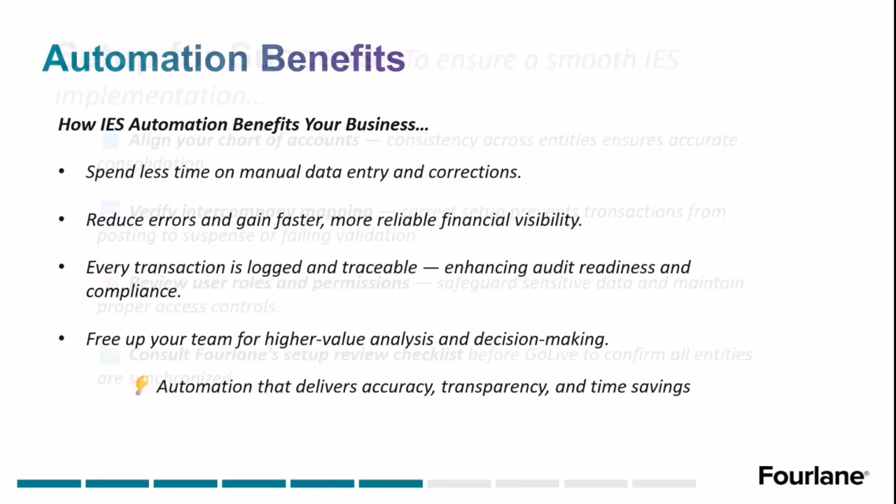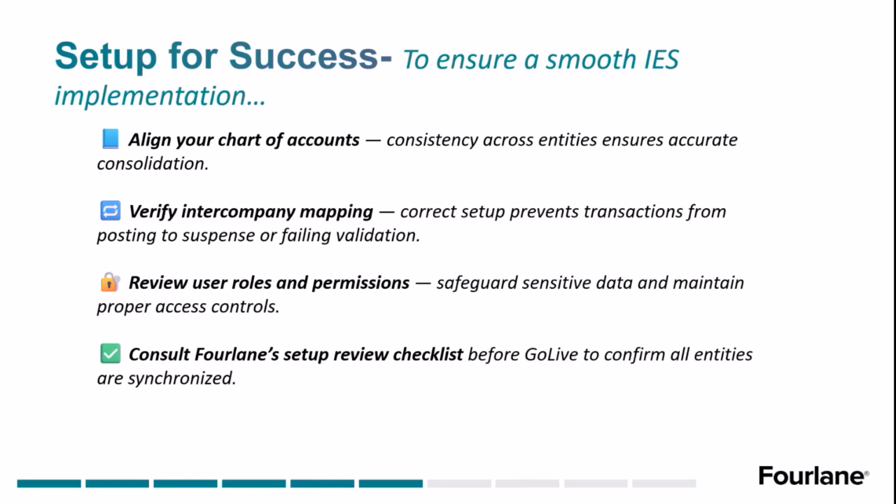Before moving into implementation, there are a few key setup steps that really make the difference. The first is consistency in your chart of accounts, because IES pulls consolidated data from multiple entities. Even slight naming or structural differences can cause mismatches during reporting.